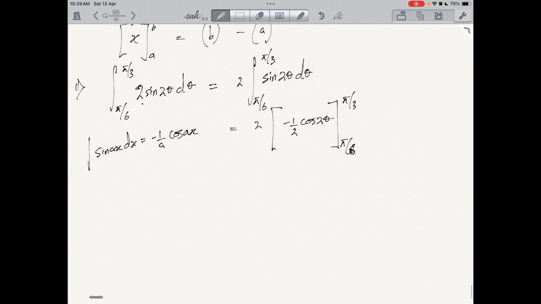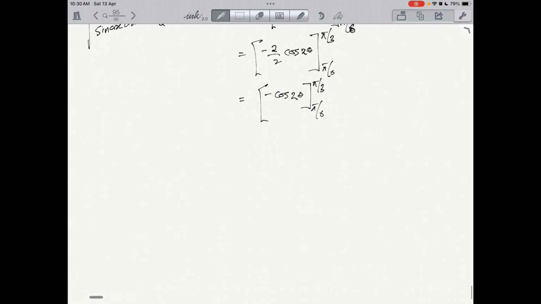Now let's multiply with the constant, and that will give us minus 2 over 2 cos 2 theta from pi over 6 to pi over 3. And this will give us minus cos 2 theta from pi over 6 to pi over 3. Now we are left with the job of substituting the upper limit and the lower limit.